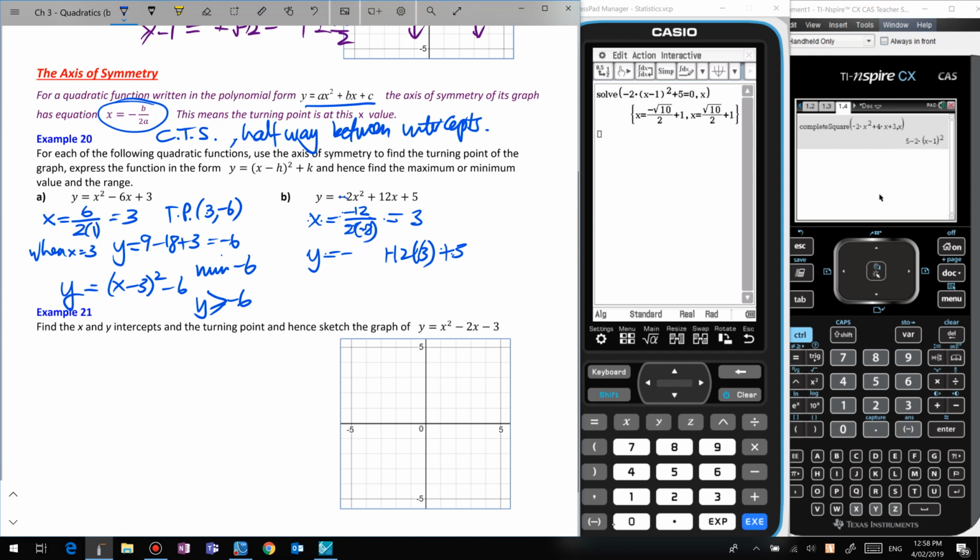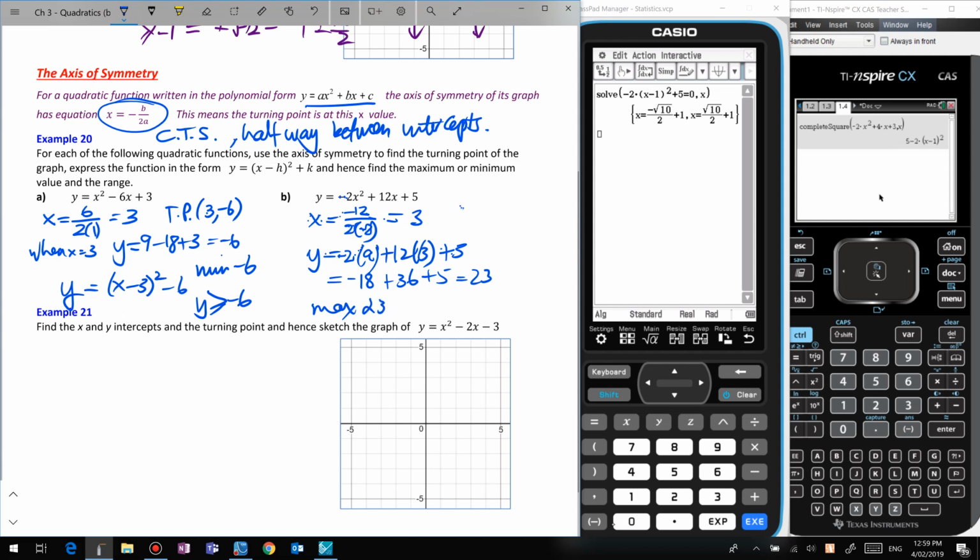That was negative 2 times 9. So I get negative 18 and then plus 36 plus 5, which is 18 plus 5, 23. So we've got a max of 23.